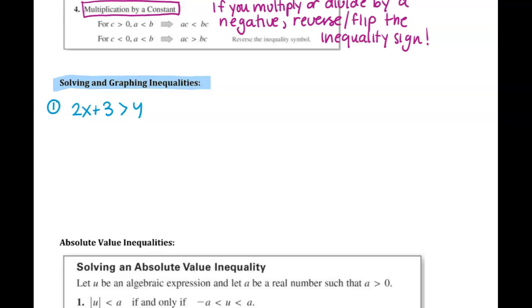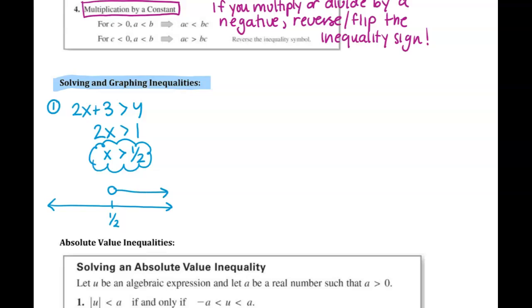But otherwise, we just subtract 3 from both sides like we would if it were an equation. We get 2x is greater than 1. Divide by 2, x is greater than 1/2. So we solved it. And now if we look at the graph, basically we're looking at if that's 1/2, all the x values are greater, not included, so it's an open circle, and we'll draw our arrow to the right.